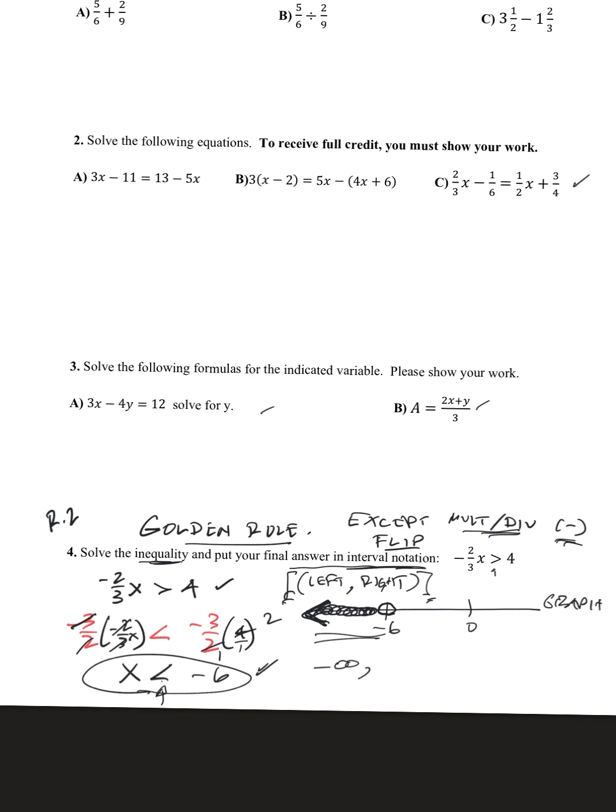So there's my left bound. And then we're bounded to the right. All my values are bounded by negative 6 to the right. We're not allowed to be equal to negative 6, so I'm going to use parentheses. And we're not allowed to be equal to negative infinity because nobody knows how to get there. And so for that reason, there would be our final answer for this problem. Our solution set is the interval from negative infinity to negative 6.